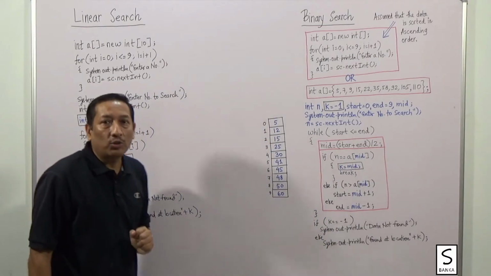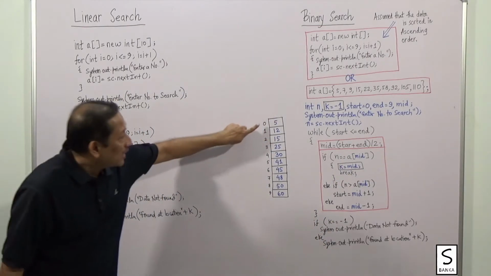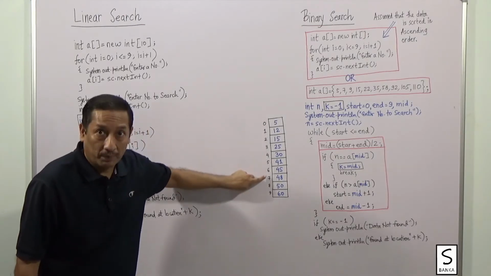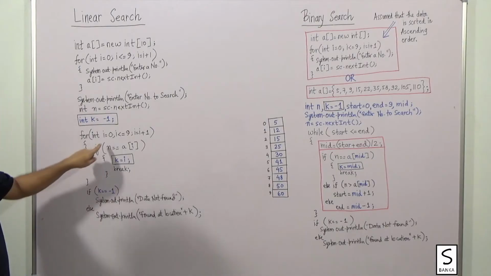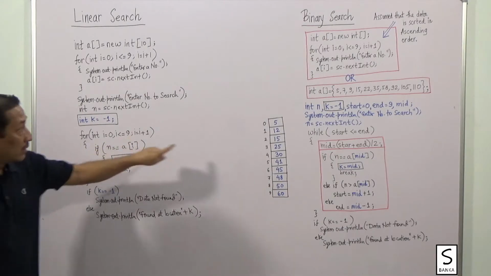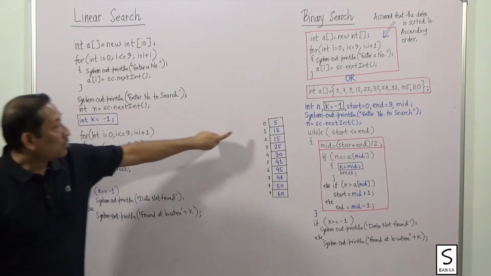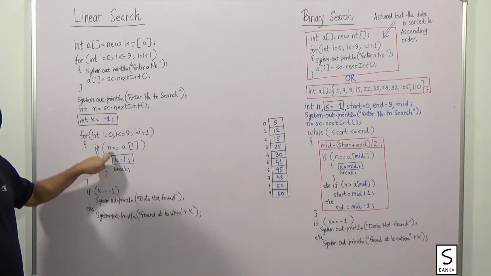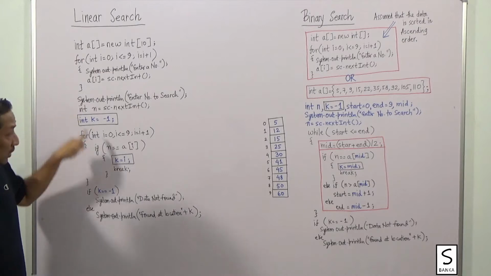Now we try to locate our data in the array by searching each and every location, that is by checking each and every location. So what do we do? We run a loop from 0 to 9. If the name of the array is A, this is A0, A1, A2, A3 and so on. We compare our data, that is N, which we wanted to search, with A[i].